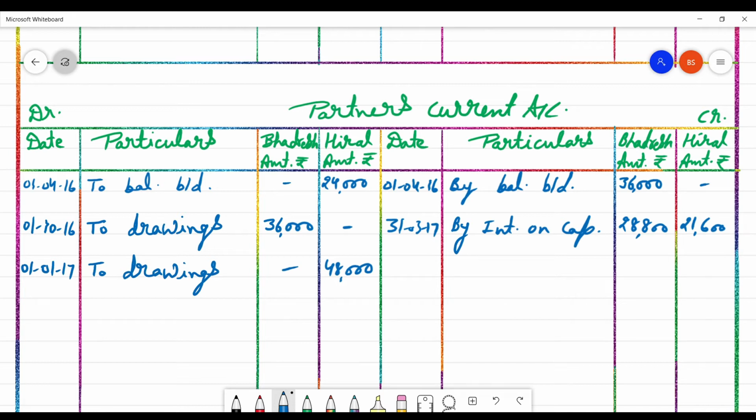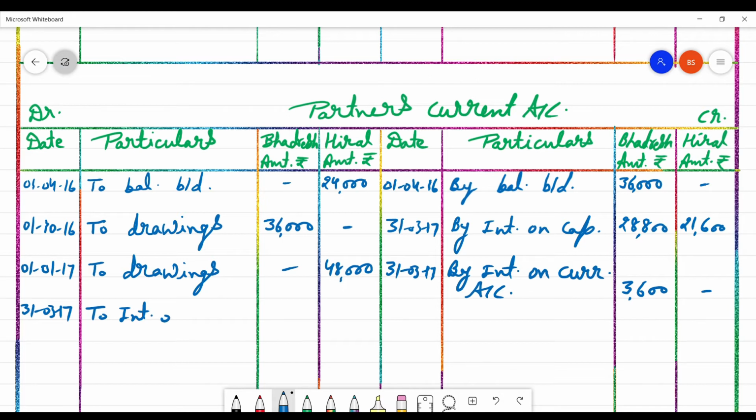So credit side, we will write down by interest on current account. 10% it will be 3,600, and here debit side to interest on current account, and it will be 2,400.